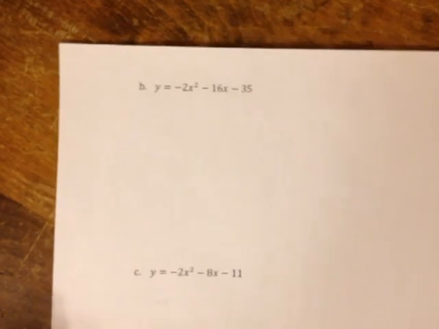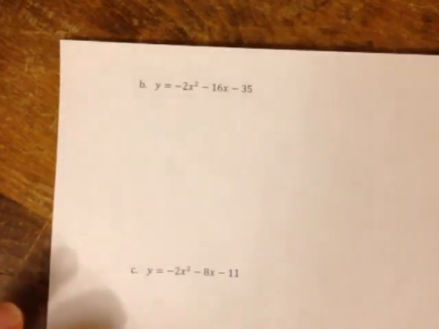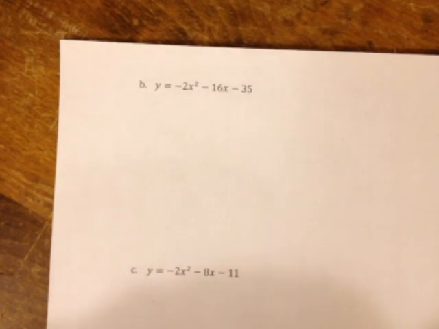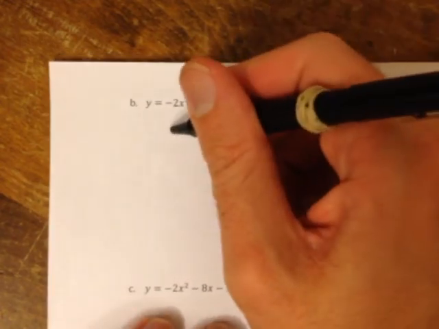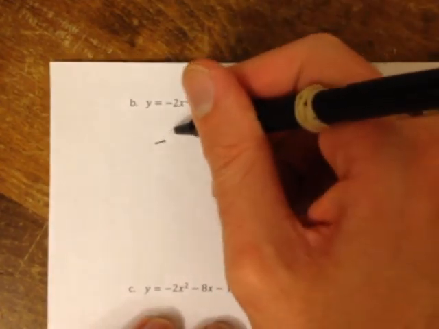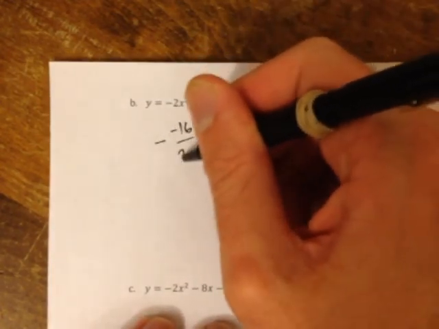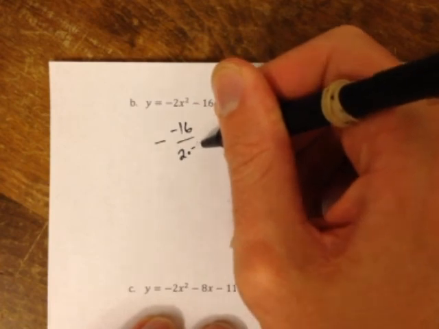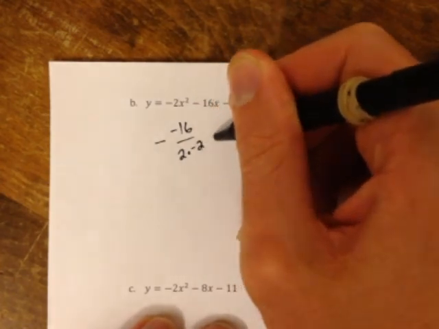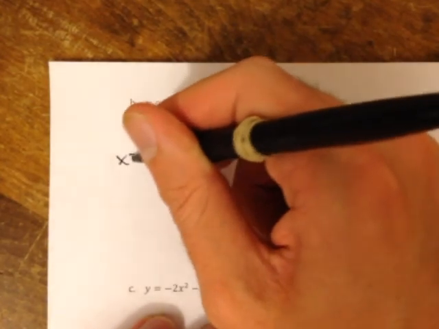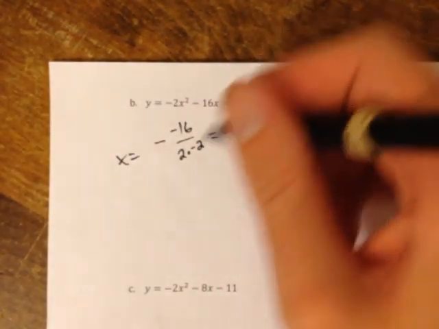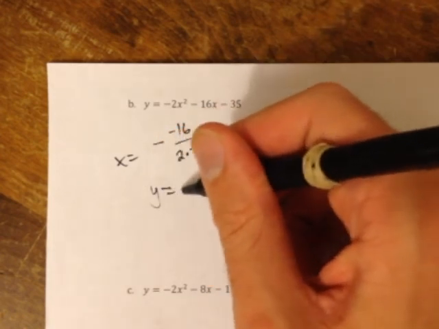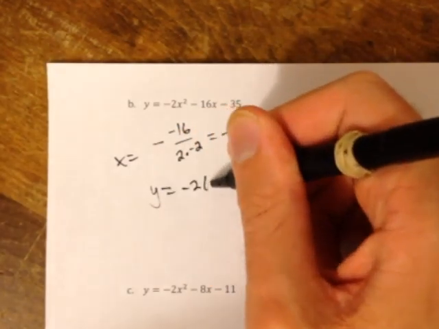Okay, I'm going to do b, and then I'm going to have you guys talk about c tomorrow in your group, compare, and make sure you had the same answer. So once again, do negative b over 2a. I've got lots of negative signs here, so just make sure they all get in there. I've got 3 total negative signs, so this still will be a negative number. I get negative 4. Plug in the negative 4 for x.